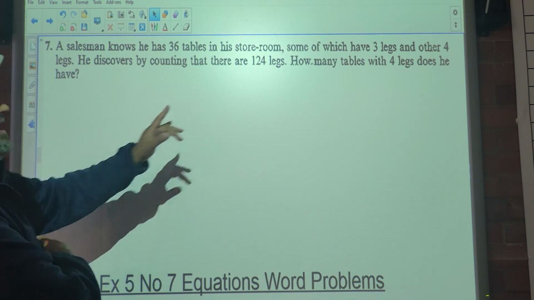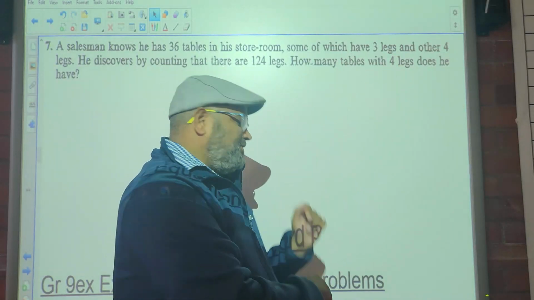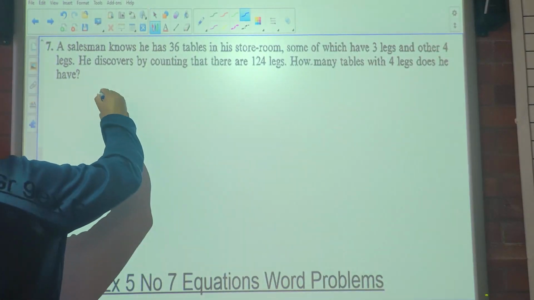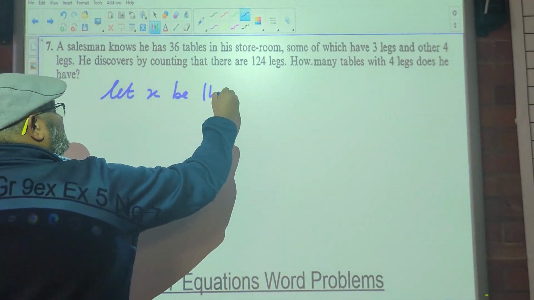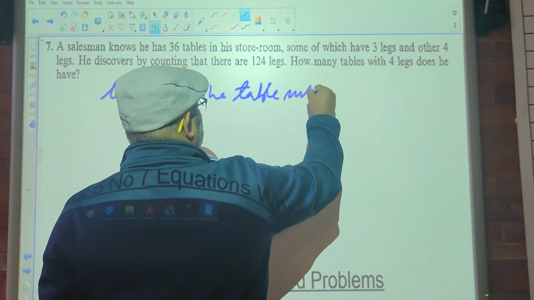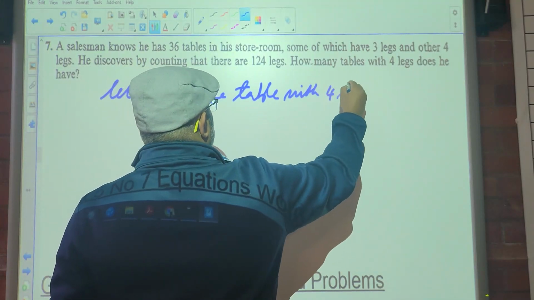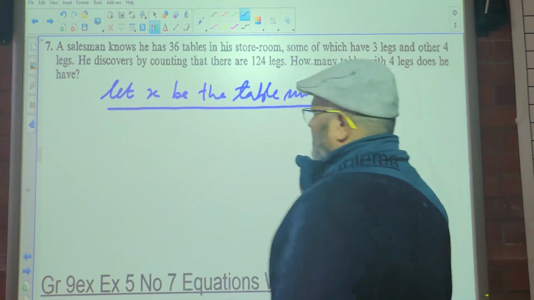So we need to work out how many tables with 4 legs there are. So what do we say? Let x be the tables with 4 legs. Okay.